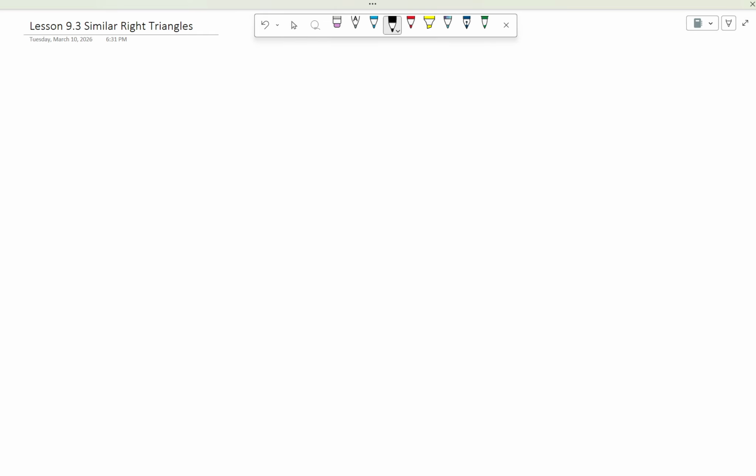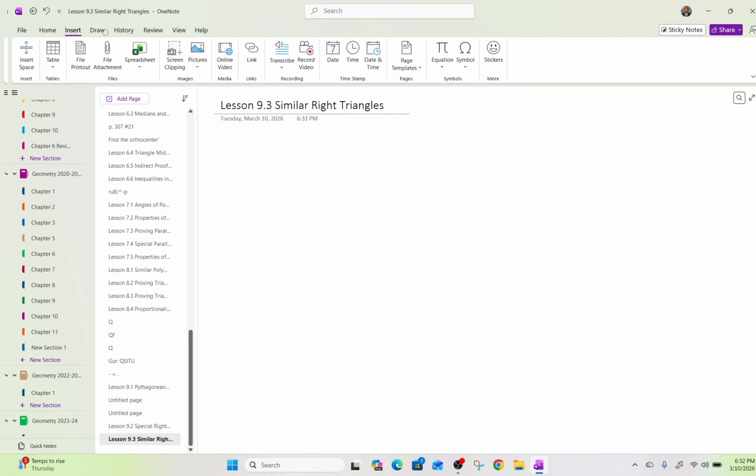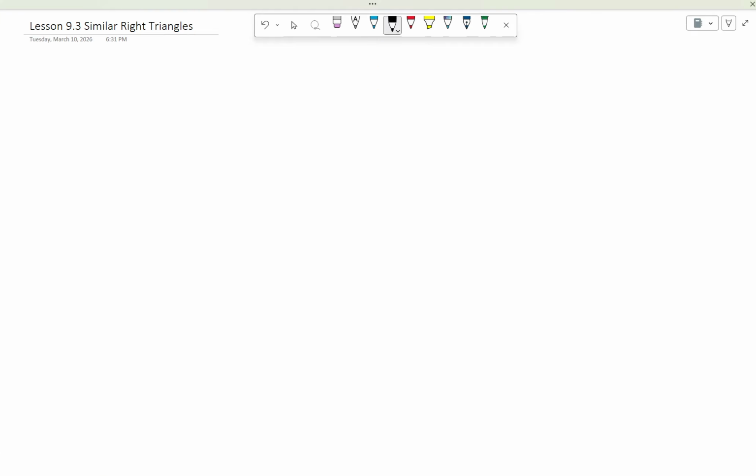So we're going to get started with this lesson, and I'm going to use my drawing tool here that makes my really handy, seemingly perfect triangles. I'm going to draw this right triangle that's obviously going to be scaling, where this would be the long leg, and this would be the short leg of my triangle.